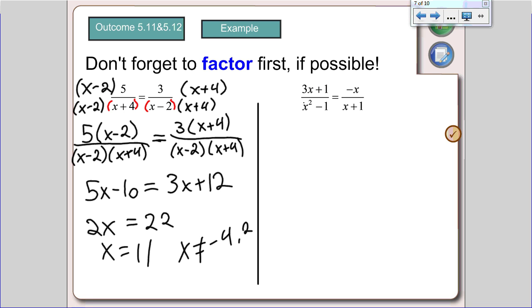So we're going to factor that thing on the left. That's a difference of squares. You could square root the 1 and get 1. So this thing on the left is actually x plus 1 times x minus 1. It's the difference of squares.